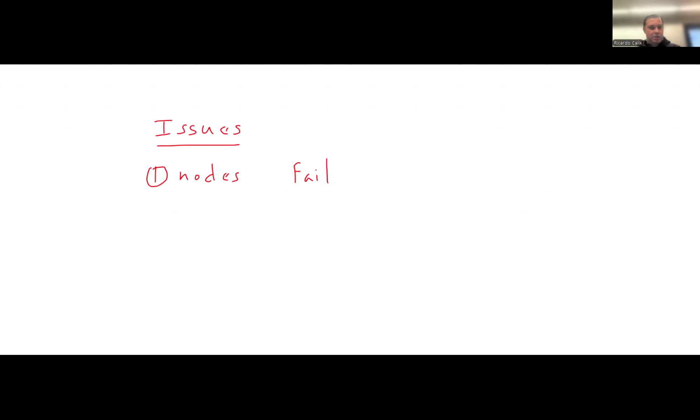So that's one of the issues. Another issue, number two, is the network bottleneck.